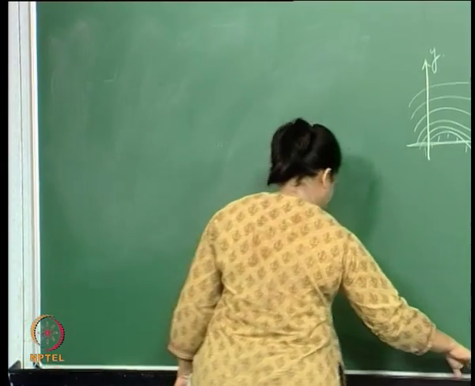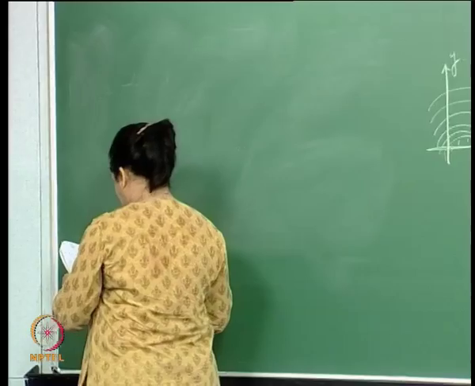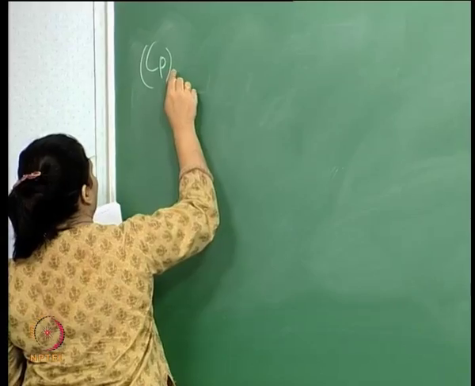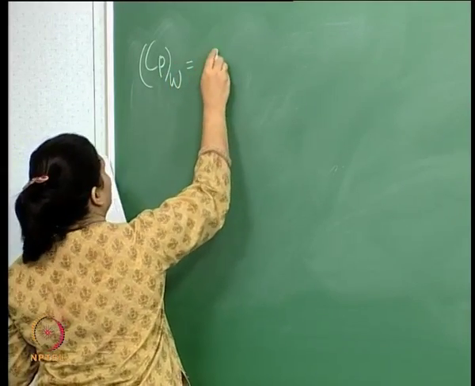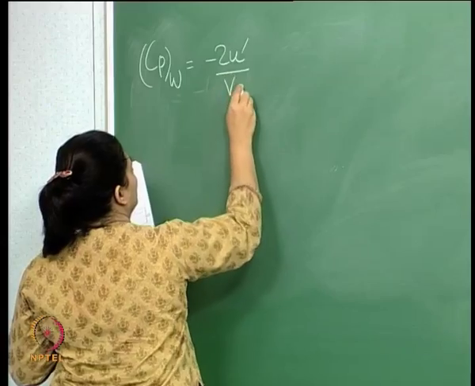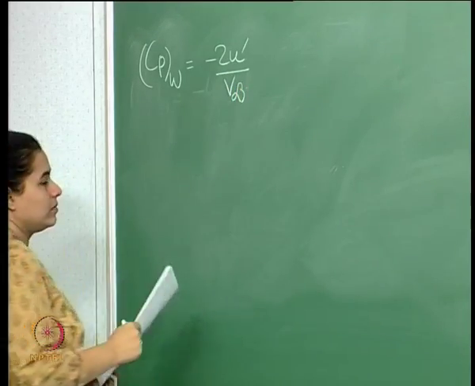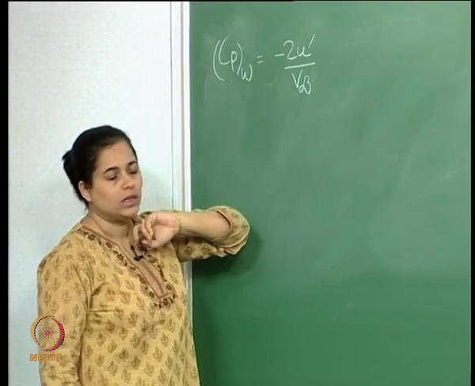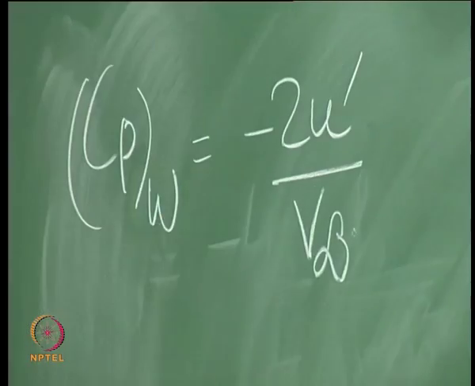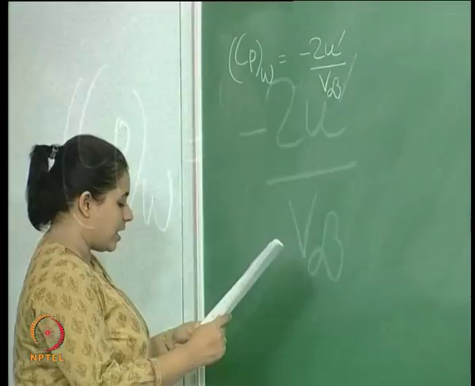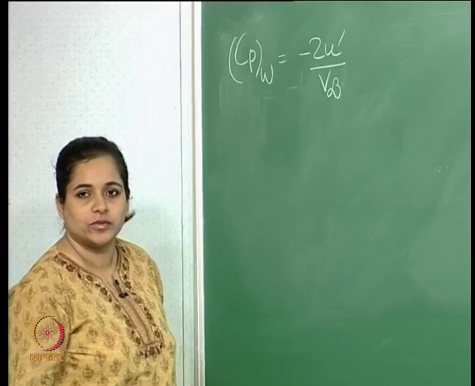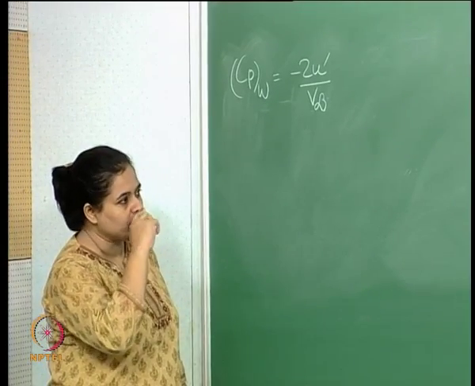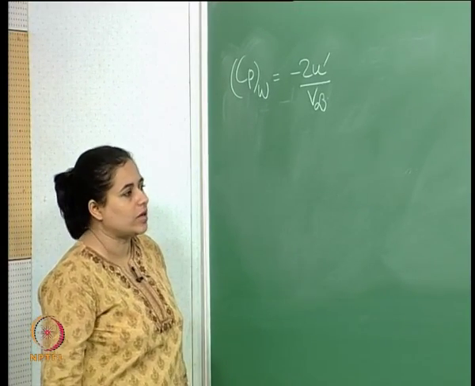Now what we learned from last time is that Cp at the wall is equal to this. Cp at the wall depended on the u component of the perturbation velocity, so we will try to find an expression for this using the perturbation potential which we have just derived.